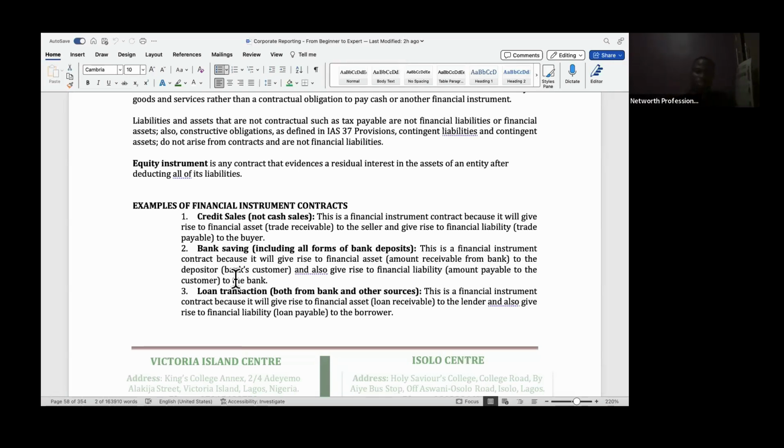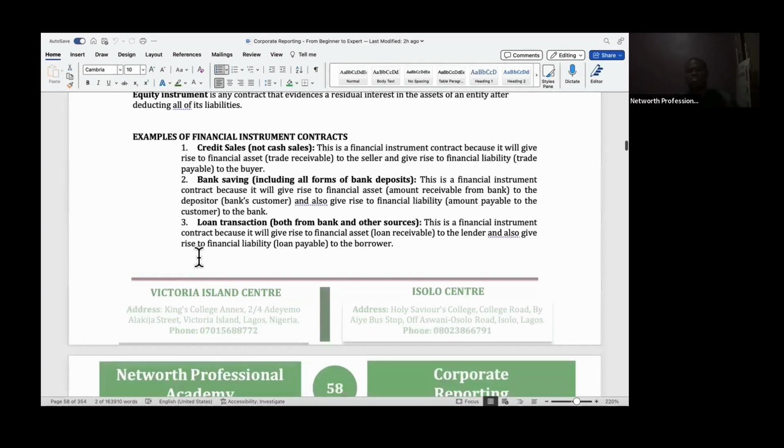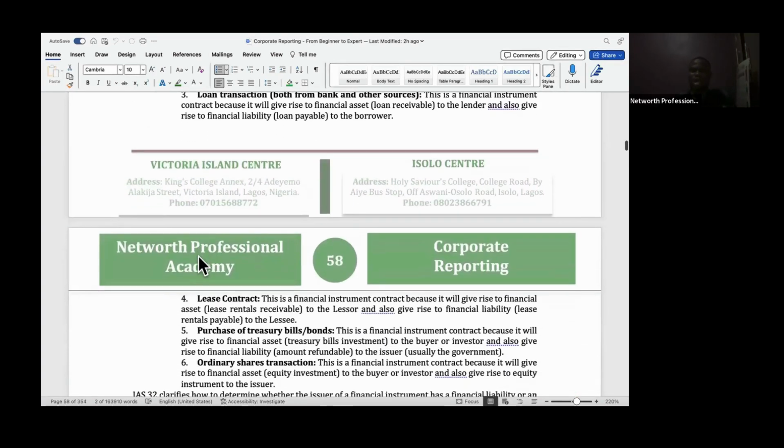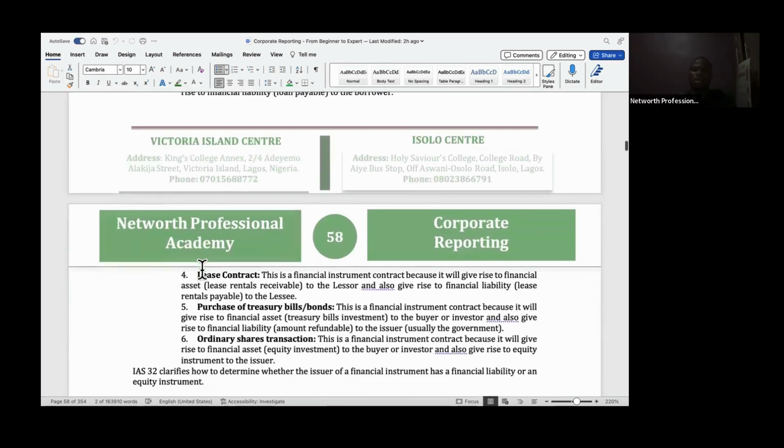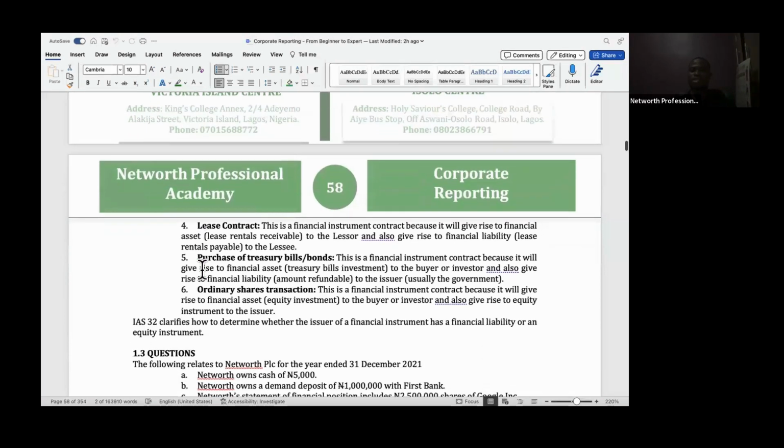That's for credit sales. We looked at bank savings also. When you deposit money in the bank, you have a financial asset, while the bank will have a financial liability. Loan transactions have the same analogy, lease contracts have the same analogy.